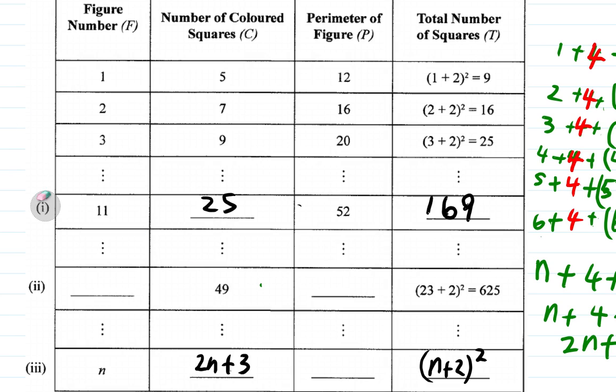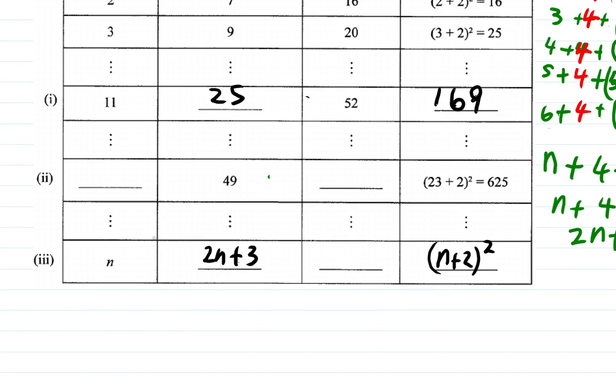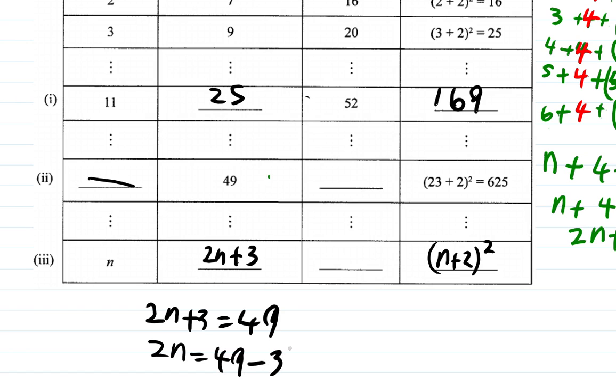What is it that will give you this 49? Let's find out what happened at this point. You have 2n plus 3 gives you 49. I'm going to find what n is and put it here. So if you subtract 3 from both sides, so you have 2n is equal to 49 minus 3. 49 minus 3 is what? 46.